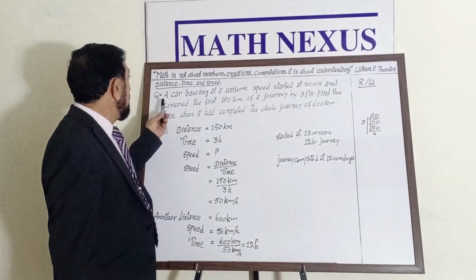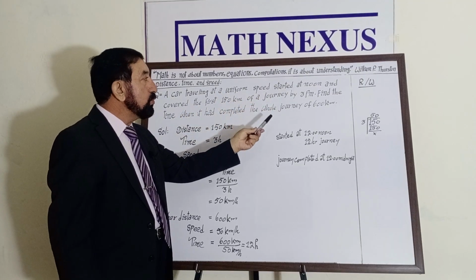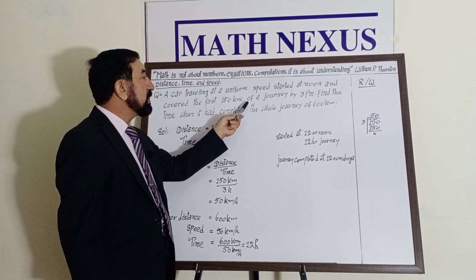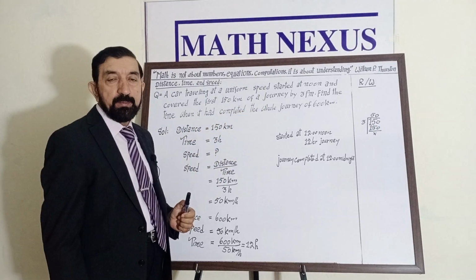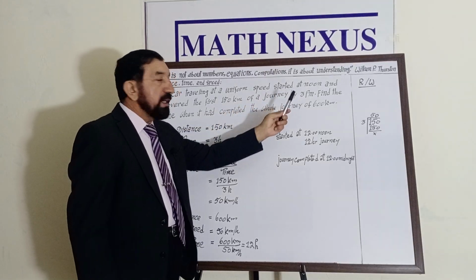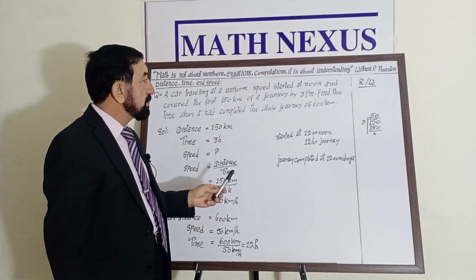Look at the question. A car traveling at a uniform speed started at noon and covered the first 150 km of a journey by 3 p.m. It started from noon and reached at 3 p.m. and covered a 150 km distance.